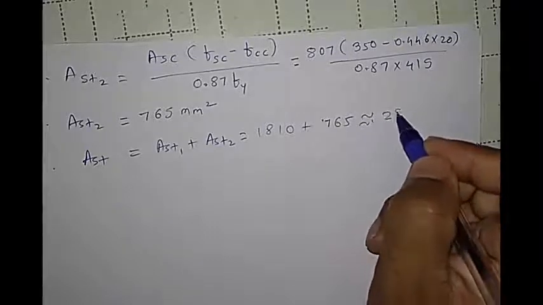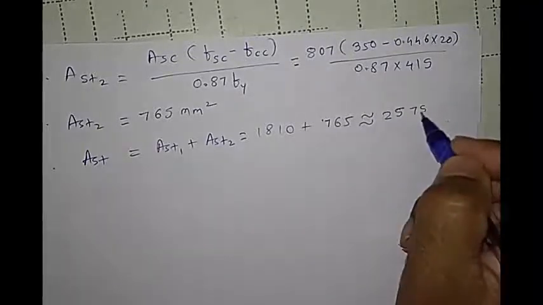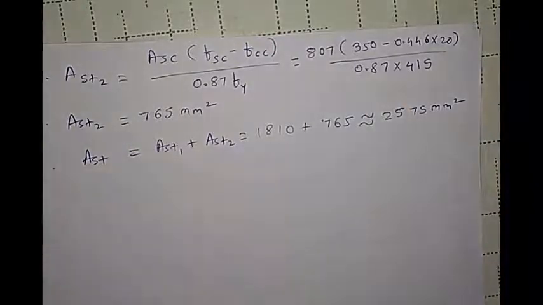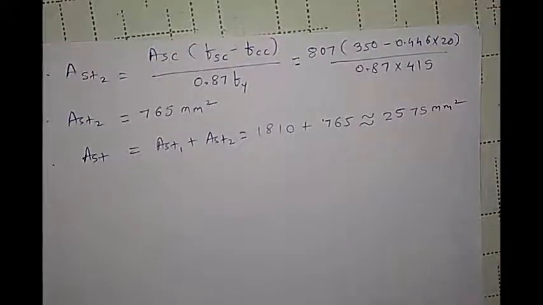So you will get it around 2575 if you just round it up. So this is total AST you got. Earlier we got ASC, so ASC is the compression reinforcement. This is the total tensile reinforcement. And now we need to just check whether they are satisfying the criteria of minimum and maximum compression and tension reinforcement.